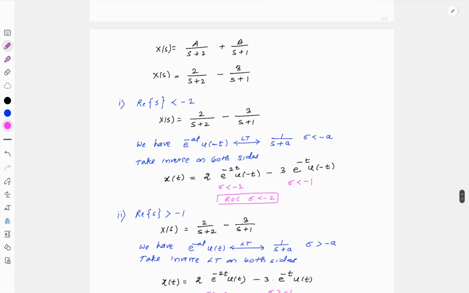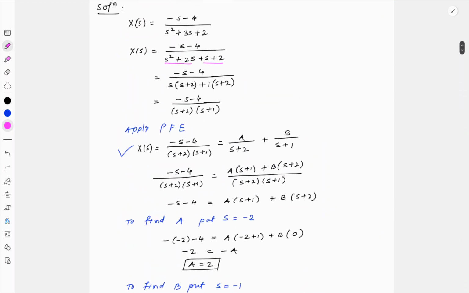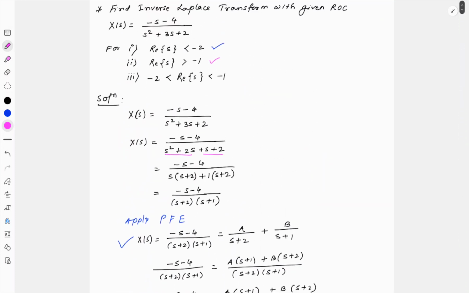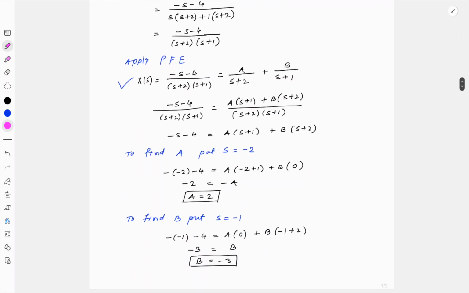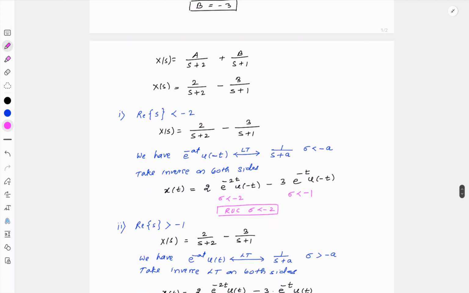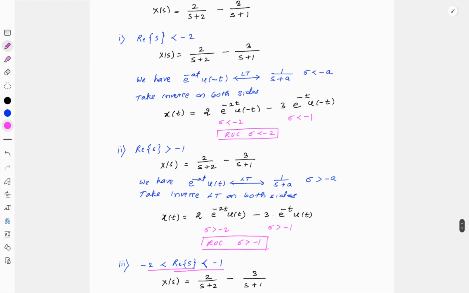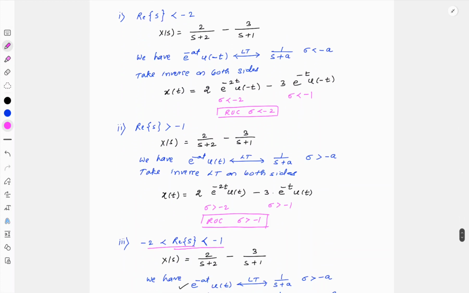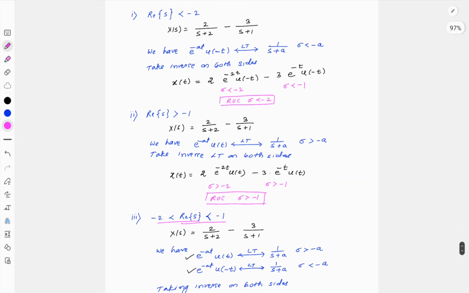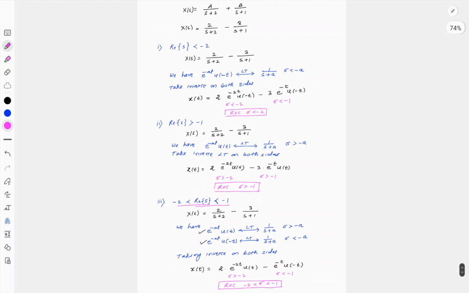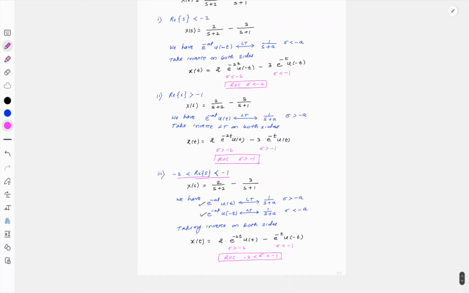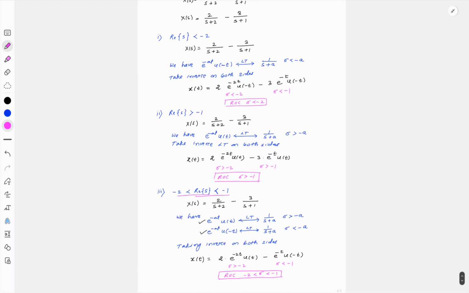Remember, you have to solve it using the normal method, use partial fraction expansion, find out the coefficients, and whenever you are taking the inverse, at that point of time check and select the standard results in such a way that it meets the conditions for RoC. So this is the example of inverse Laplace with the given conditions of RoC.